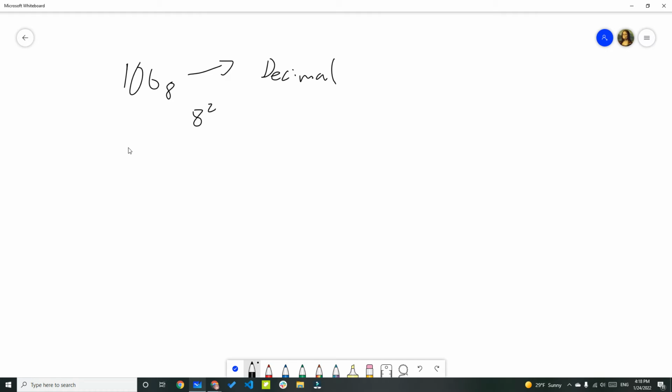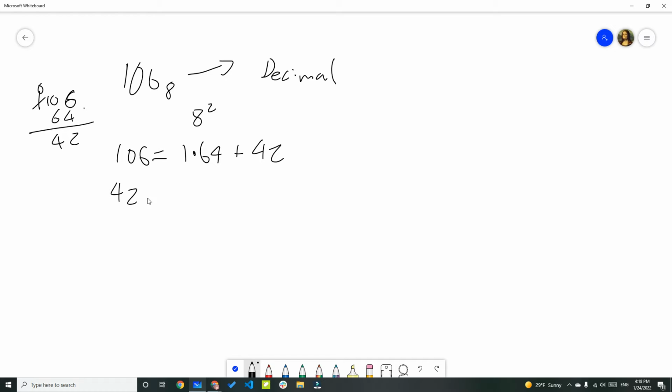So how many of those can we have? That's 1, so 1 times 64, plus 106 minus 64, which gives you 42. So that's plus 42, and then the next smaller power is 8.